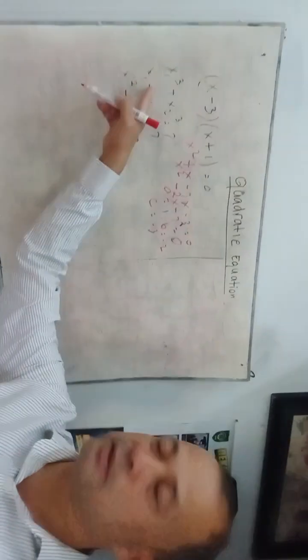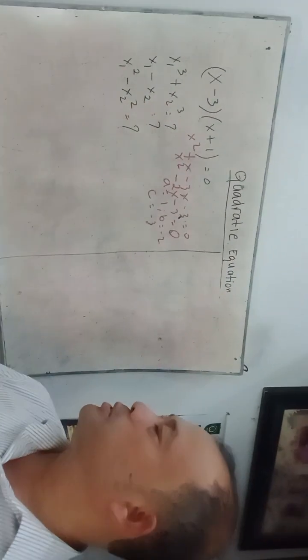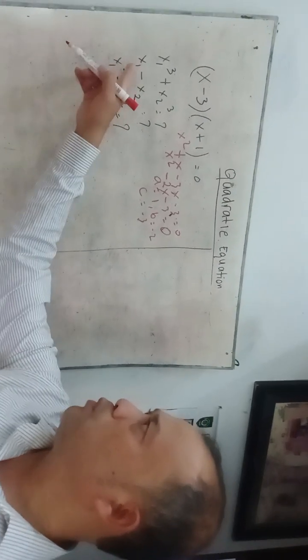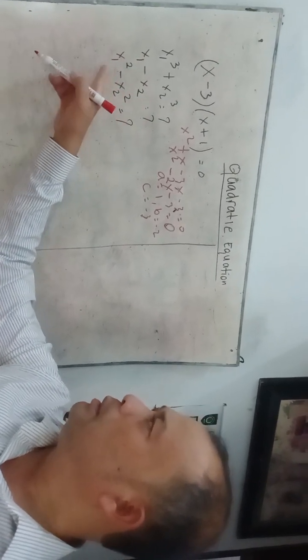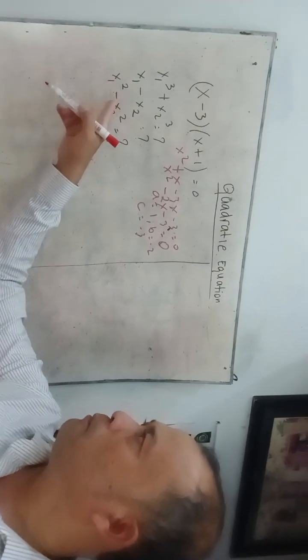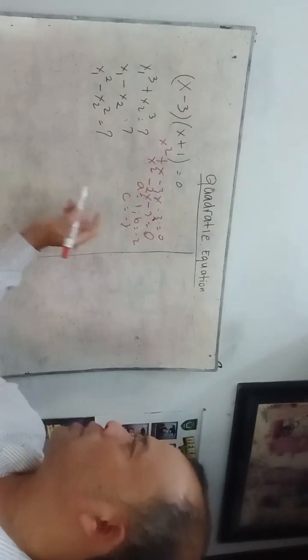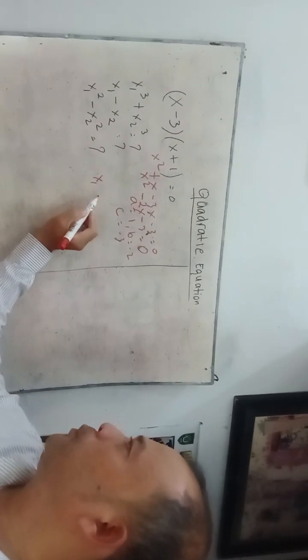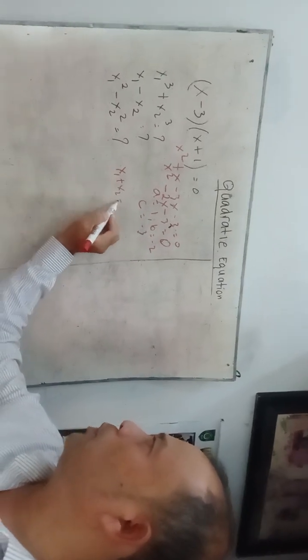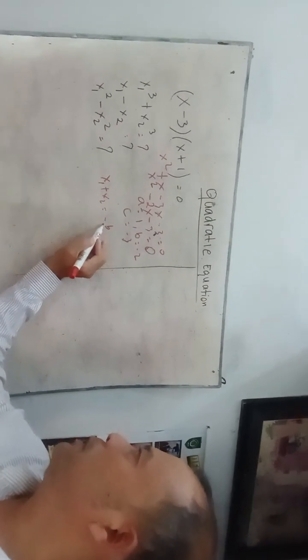find the value of x1 cube plus x2 cube, and then x1 minus x2, and then number 3 is x1 squared minus x2 squared. From this we must know that in the quadratic equation, x1 plus x2 equals minus b over a.